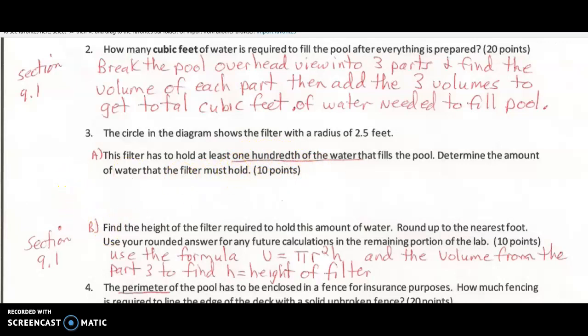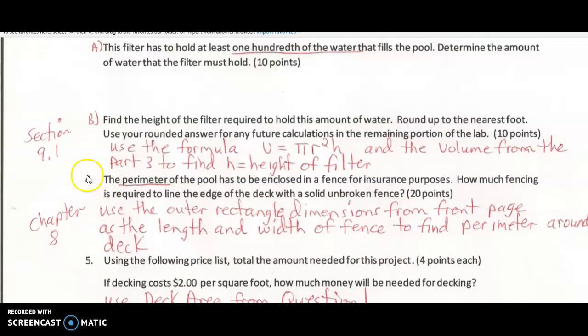Once you know that, you're going to come down here to part B. Now I gave you the formula. This is the formula you're going to have to use to do part B. We have to find the height of the filter required to hold the amount of water talked about in part A. So the volume is going to be the answer from part 3A.